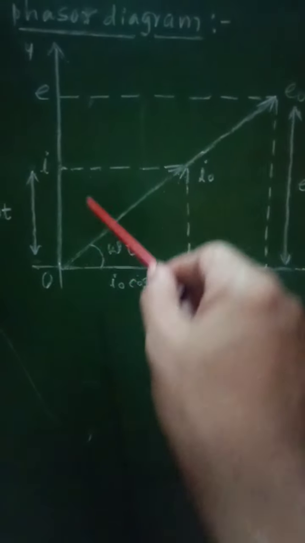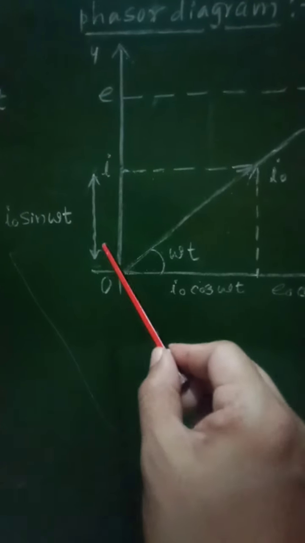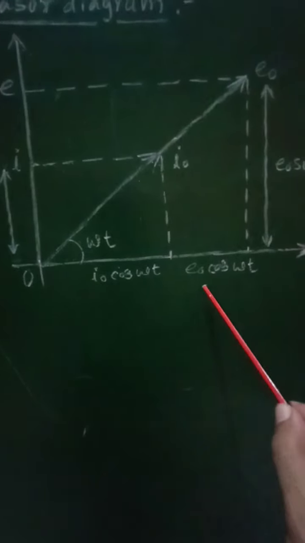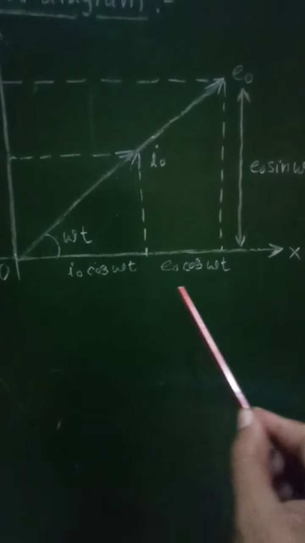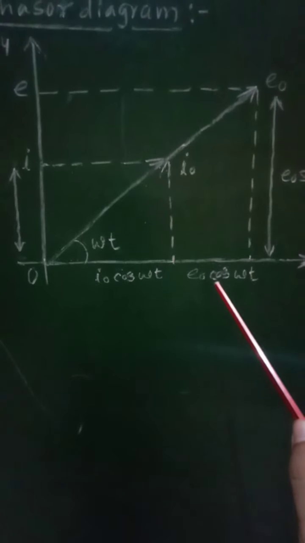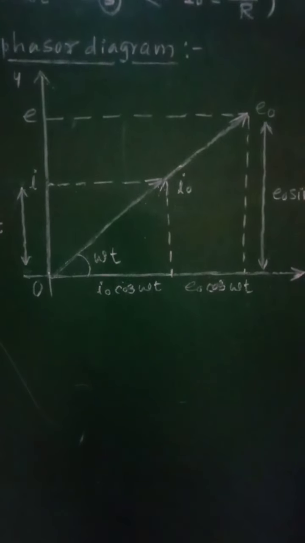So on the vertical axis we get instantaneous values in sine form, and on the horizontal axis we get instantaneous values in cosine form. This diagram represents the phasor diagram for a purely resistive circuit.